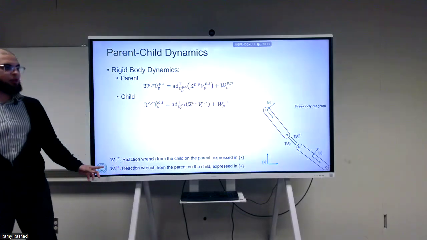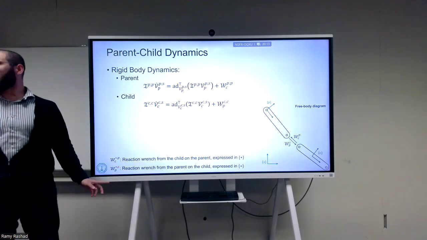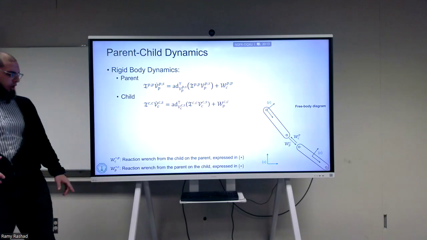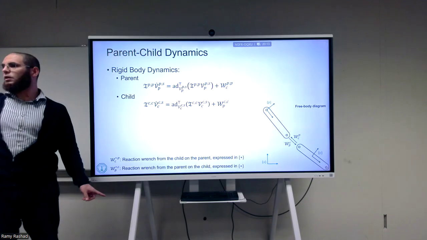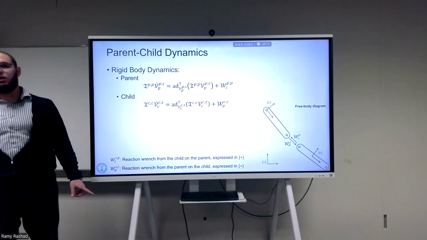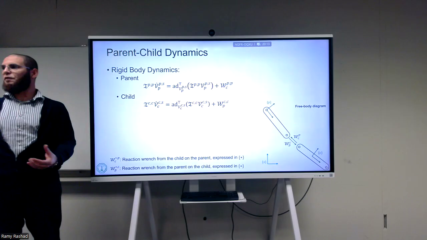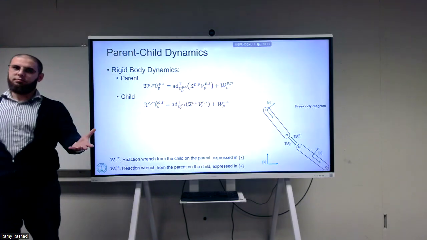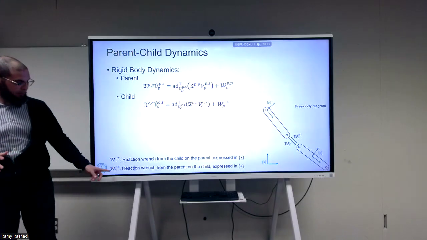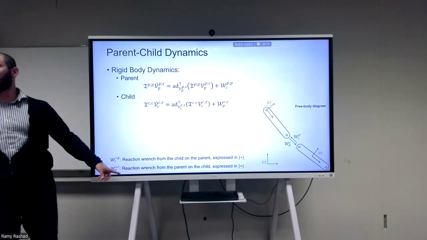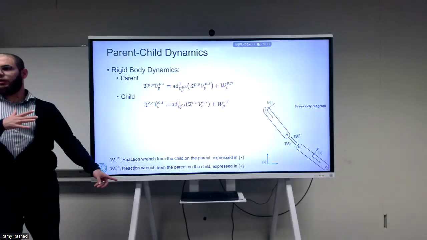So we're going to introduce two wrenches. They're actually in the end one wrench, by the way. We denote W, C down, P up, to be the reaction wrench of the child on the parent, of C on P, expressed in any frame, doesn't matter. And we have P with respect to C, expressed in any frame.